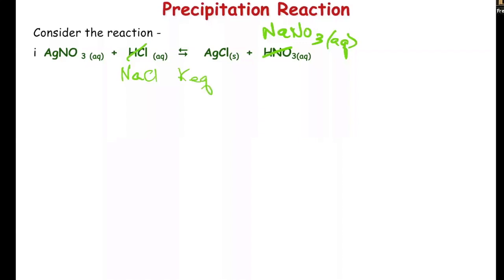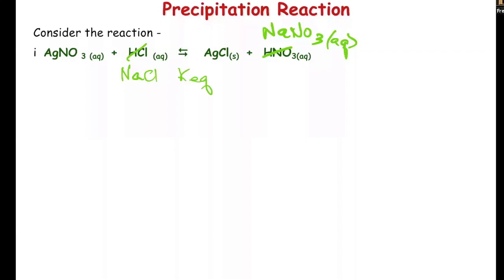And the mass action expression is going to be based on the net ionic equation. So you got to go back again and make sure you understand how to write a net ionic equation. The reason why we use a net ionic equation is because it's only those species responsible for the precipitate that we pay attention to.